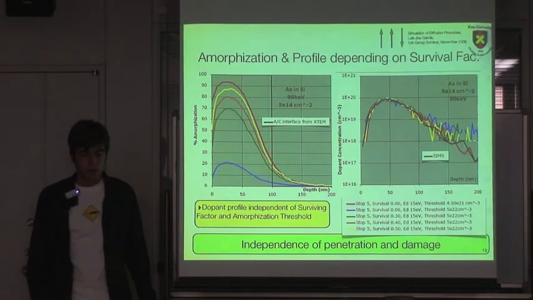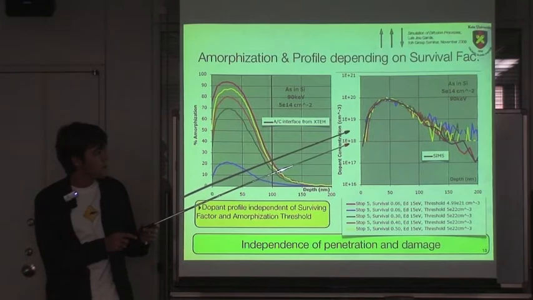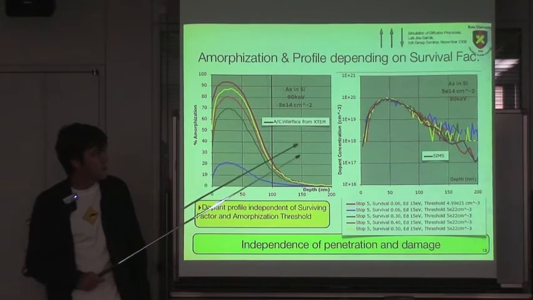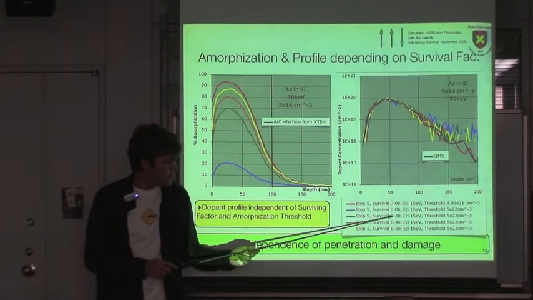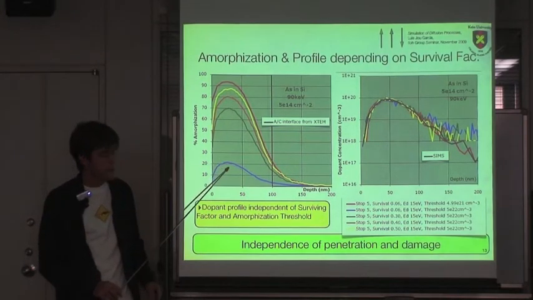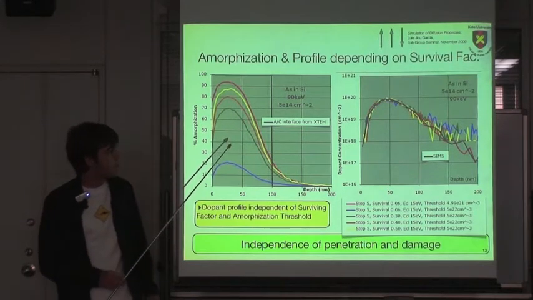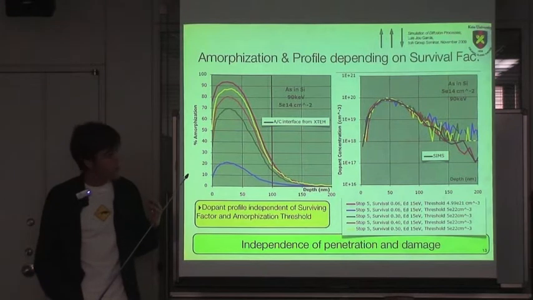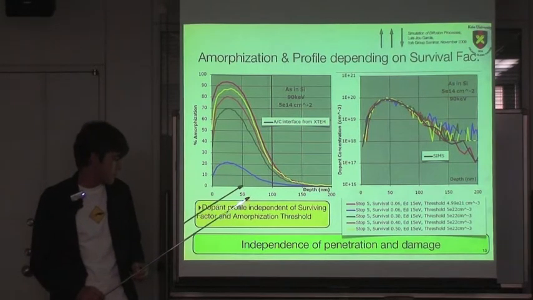Then how the amorphization profile and dopant profile depend on the survival factor. If we increase the survival factor, obviously the amorphization will increase, because we are letting more defects survive.